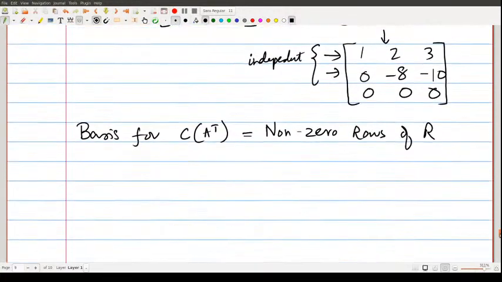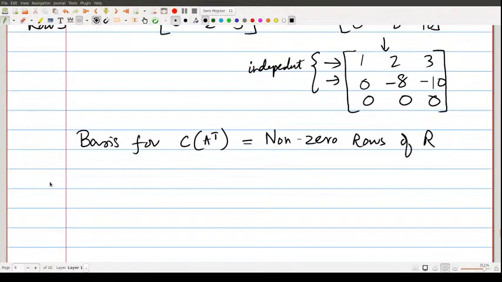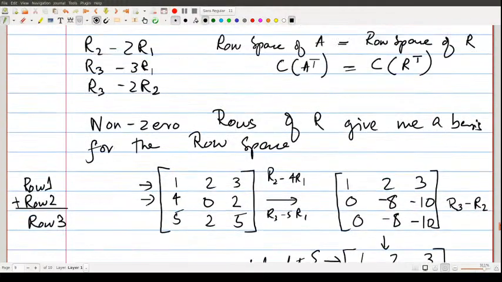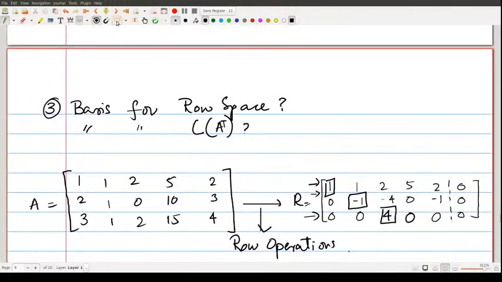Finally, the last question, number 4, what about the basis for the null space of A transpose? In the first case, let's look at this matrix.